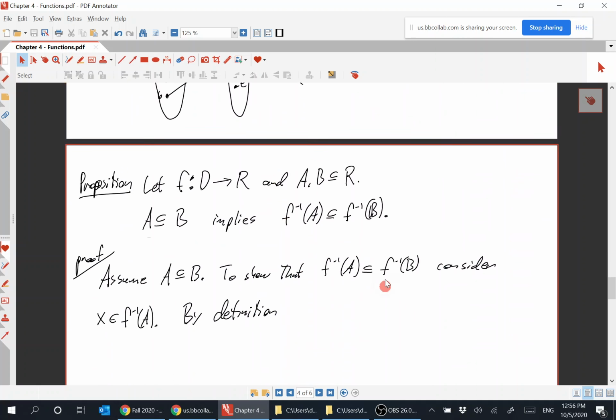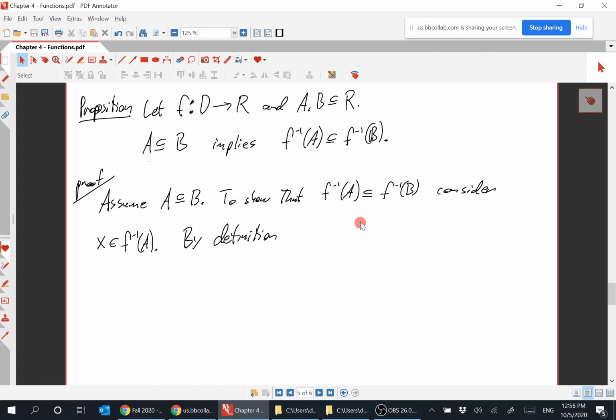That's the definition. So down here, we said, consider some x in the preimage of A. So by definition, what can you say about x?